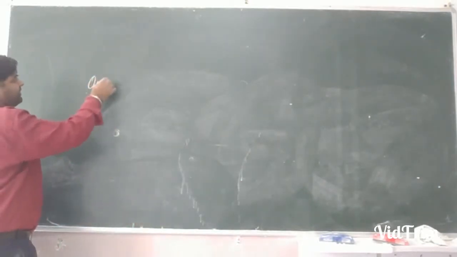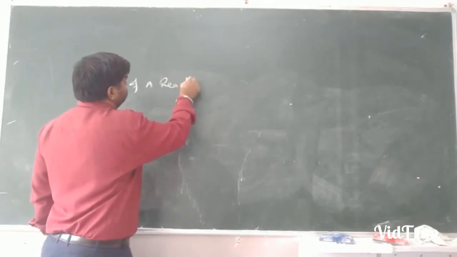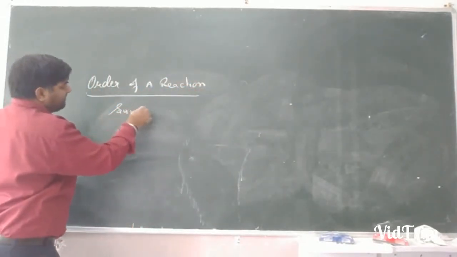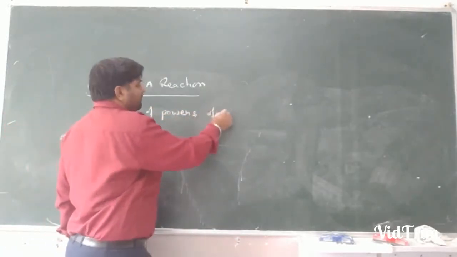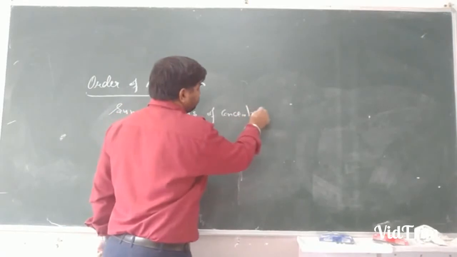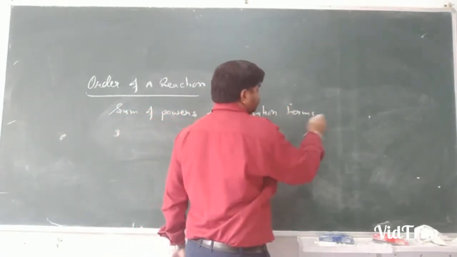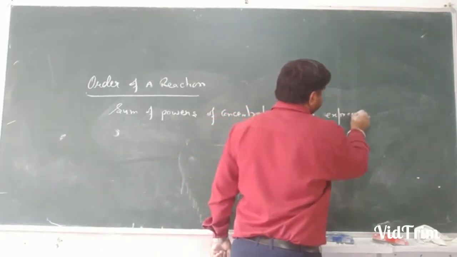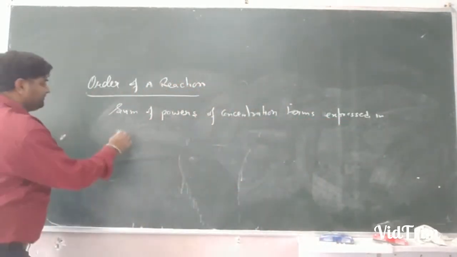So, order of a reaction is simply defined as the sum of powers of concentration terms expressed in the rate law expression.